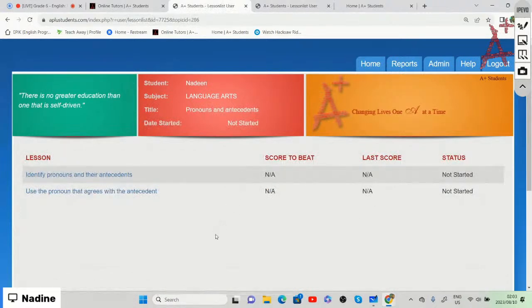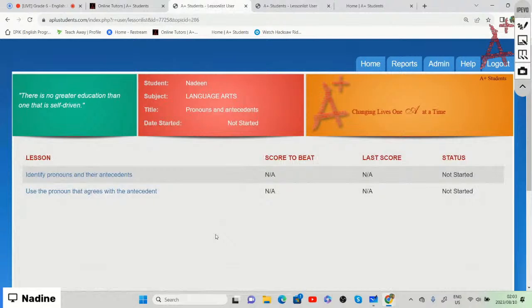Once we have selected that chapter, the lesson focus for today is to identify pronouns and their antecedents, and to use the pronoun that agrees with the antecedent.